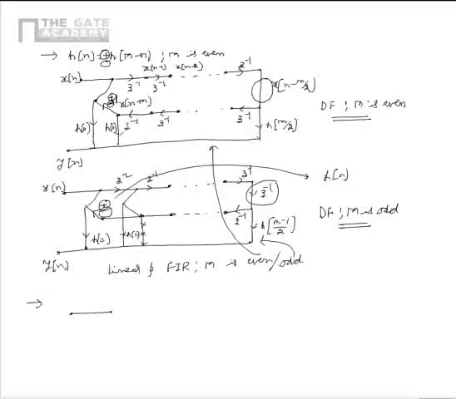Let us consider a filter structure which is given as shown in the figure. It takes an input of x of n and gives an output of y of n. There is a delay element z inverse present.